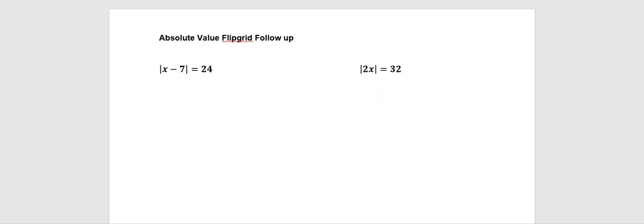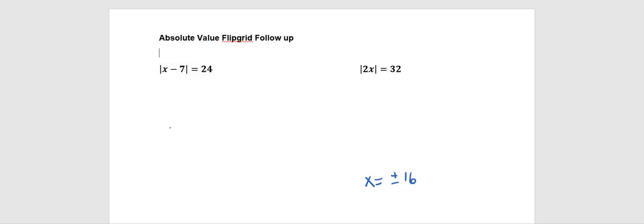So bottom line is, and I'll work backwards here, the consensus for absolute value of 2x equals 32 seemed to be that x was equal to plus or minus 16.